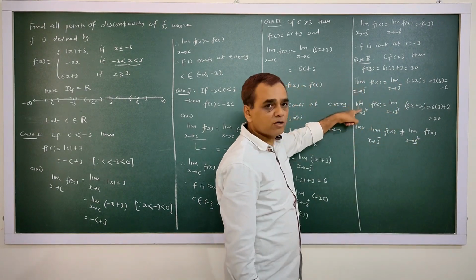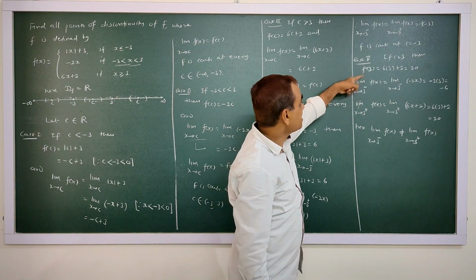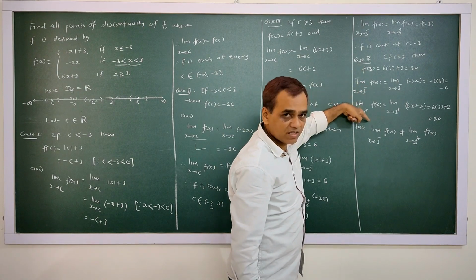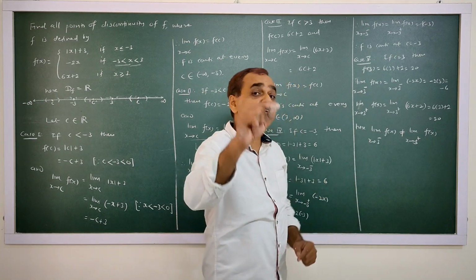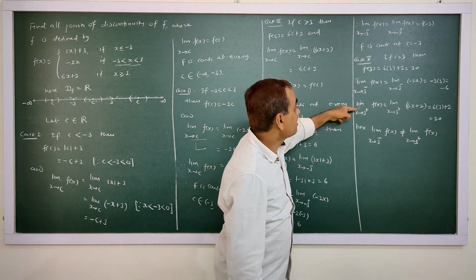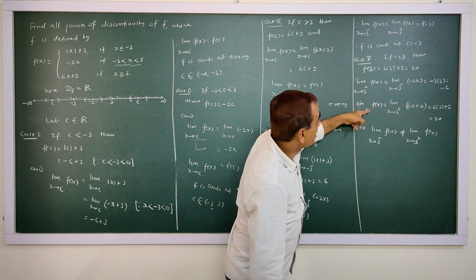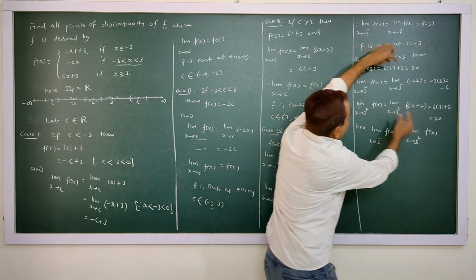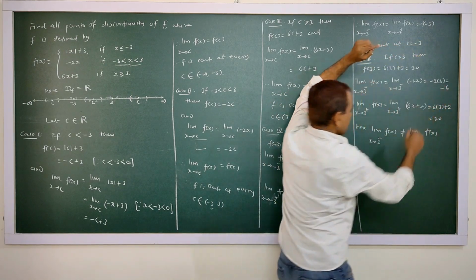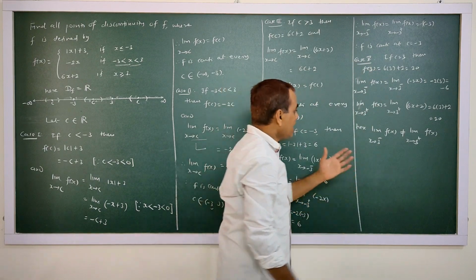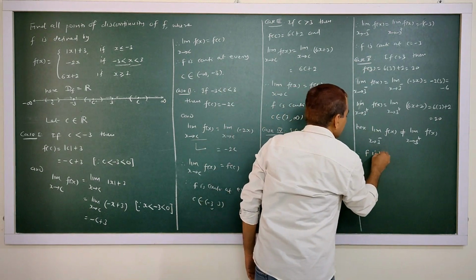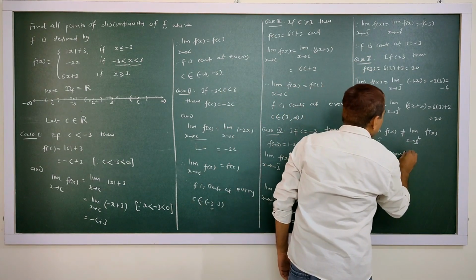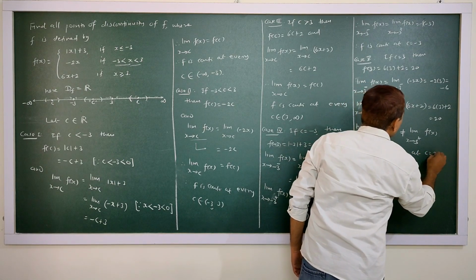All these three values must be equal. If all three values are equal, then function is continuous. But here, all three values are not equal. These two values are equal, 20, 20, but this is unequal. So therefore, this function is not continuous at c equal to 3.